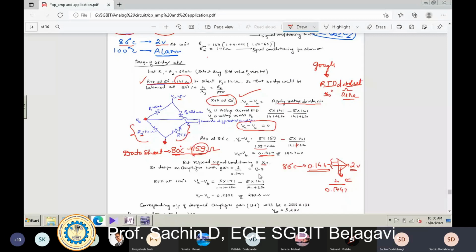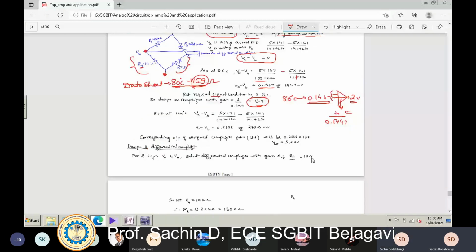You can read it here. Tell me, what do we get? 13.8, right? So now I am going to design the signal conditioning, that is, the amplifier having the gain of 13.8.